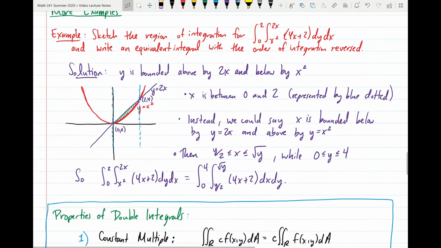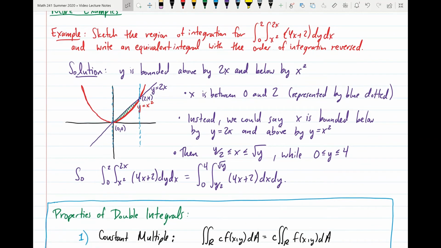Well, we are integrating with respect to y first, and we see from the limits of integration that y is going to be bounded above by the function 2x and below by the function x squared. So the first thing we do is draw a plane, which I have over to the left, and we draw the function y equals x squared and the function 2x.